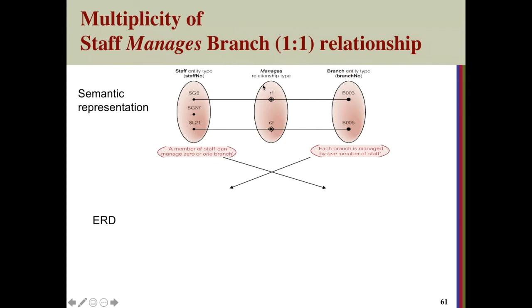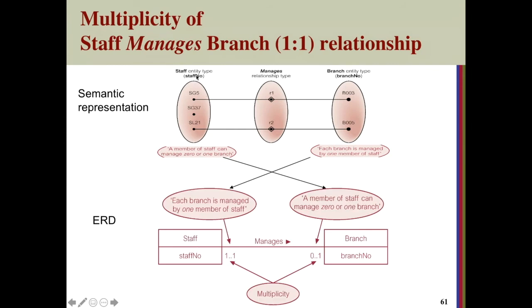So we make staff, and we make a branch. The description that you wrote here, from staff to branch, will come on the right side, and the right side description will go to the left side. The right side description says 0 or 1, so it is 0 or 1.